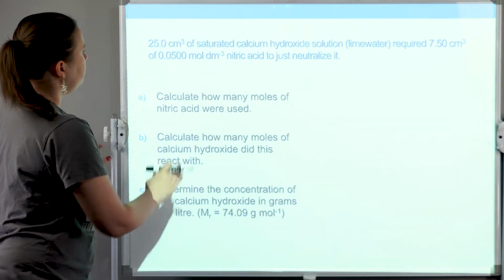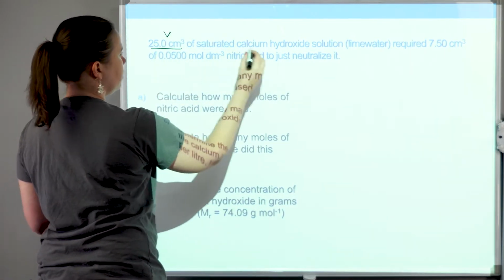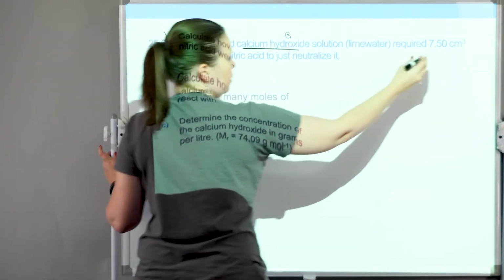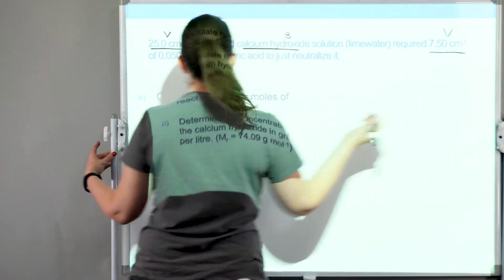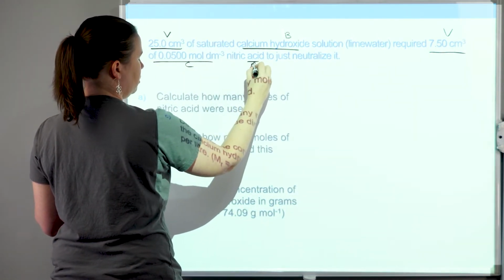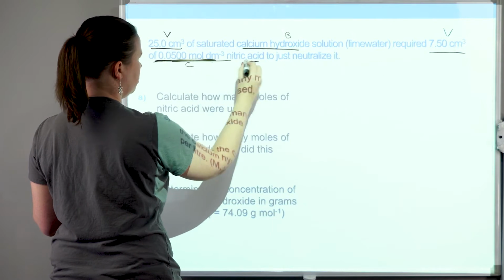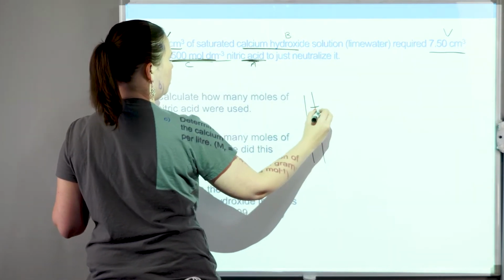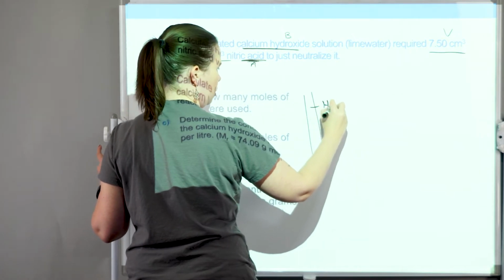This time I've got a volume given of calcium hydroxide, which is my base, and then giving me another volume and a concentration of my acid. Because it gave the concentration of the acid, I know that's what's in the burette, the nitric acid, HNO3.